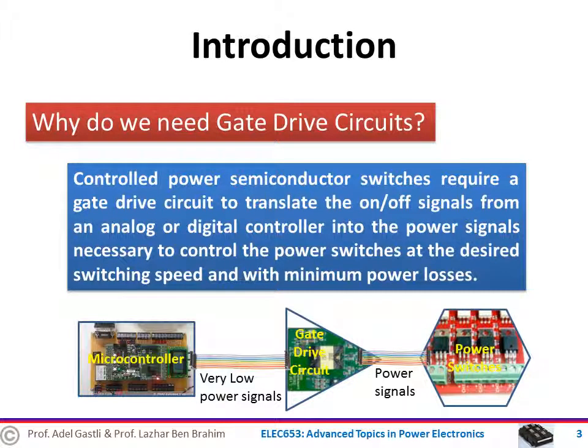These circuits are called gate drive circuits, and they are designed specifically for each type of power semiconductor switch so that they make it turn on and off very fast, as I said before, hence reducing the switching losses. So in this chapter, we are going to see some examples of how you can design such circuits for a few types of power semiconductor switches.